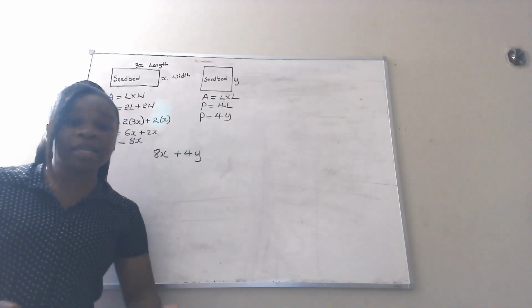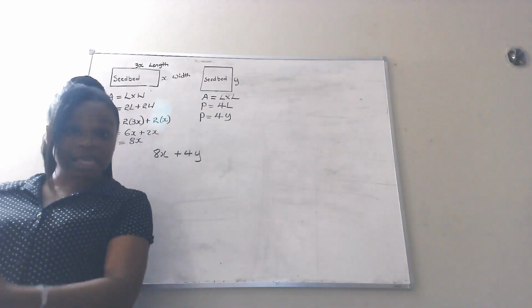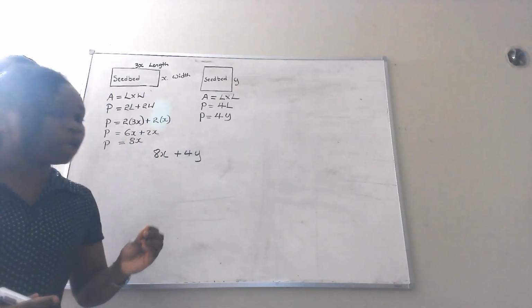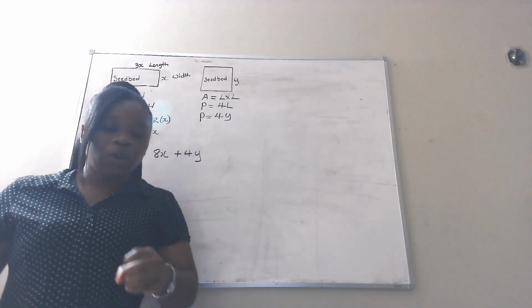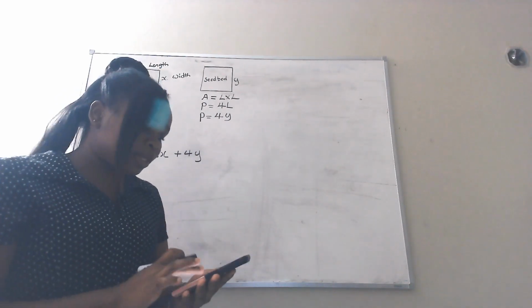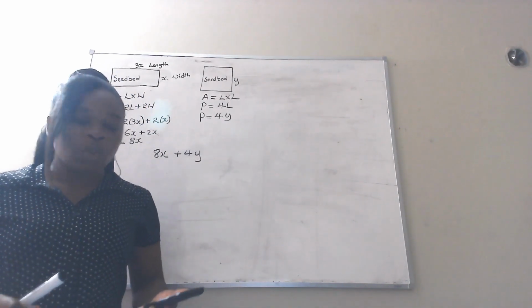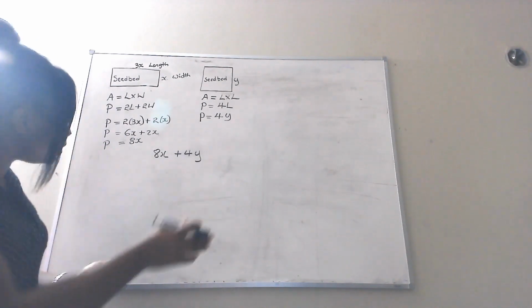The difference between an expression and an equation is that the equation has an equal sign. So for us to convert this expression into an equation, we need to go back to the question. You would notice that 60 meters of mesh was used to protect the seedbed.